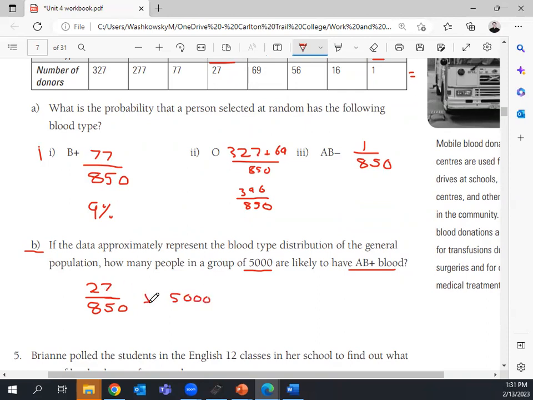You put those together, you should end up with 159 people. So they know that of this 5,000, 159 of them are going to have AB positive blood. That's a guess they can make, right? Maybe there's only 100, maybe 155 of them are there, but they have a good educated guess.